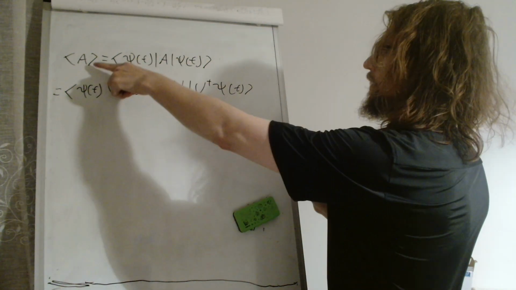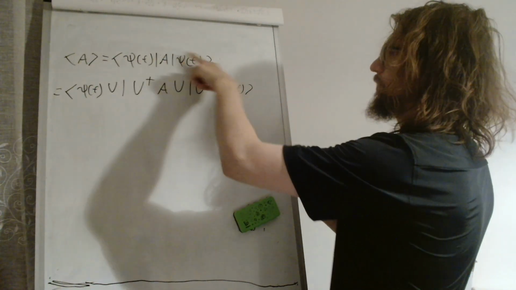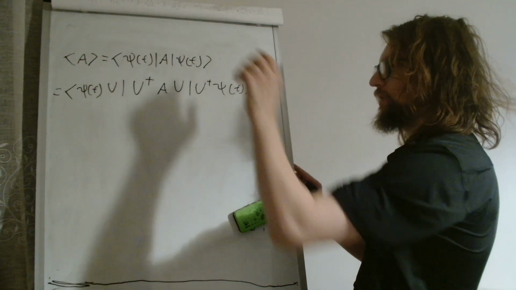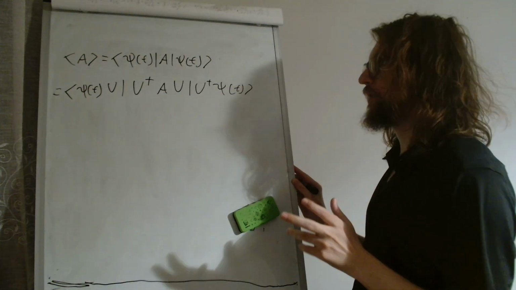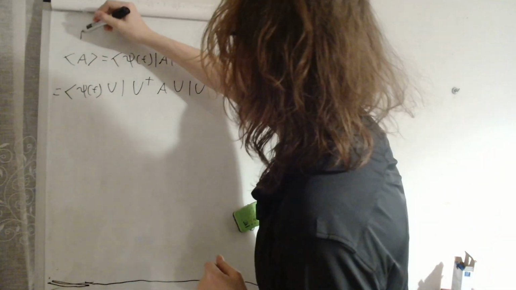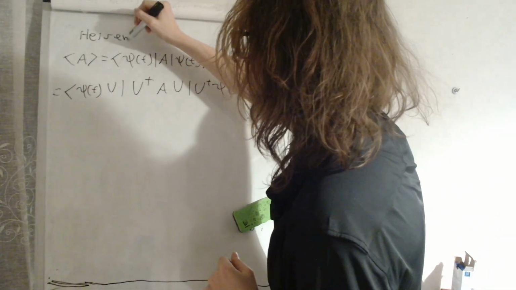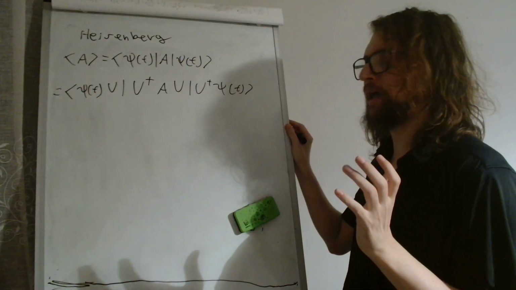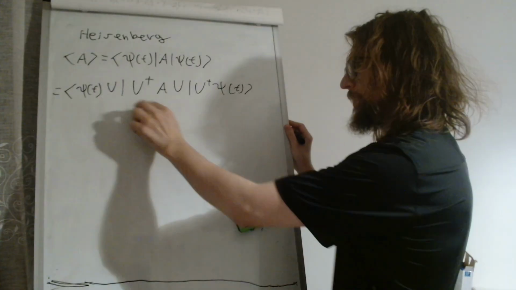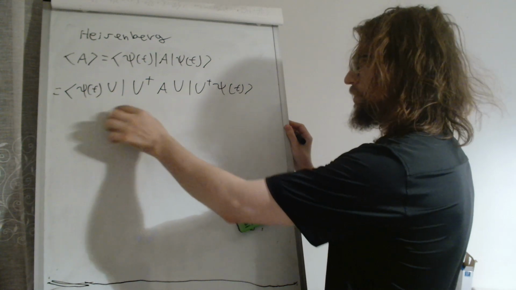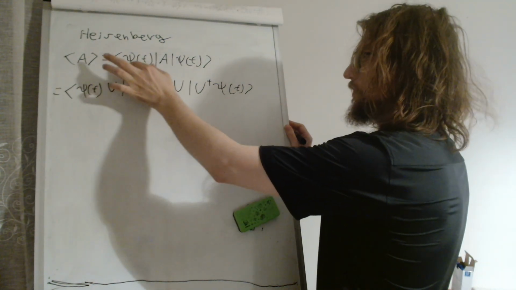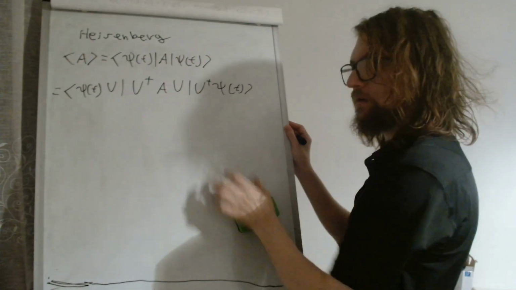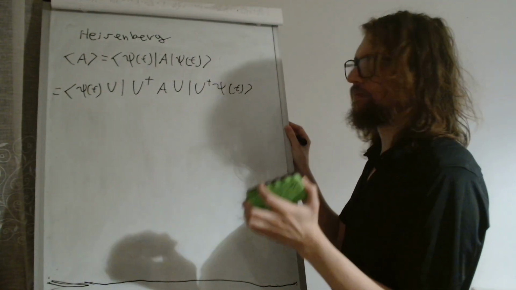So this is the expectation value written in the Schrödinger picture notation, and the second famous picture is the Heisenberg picture. In the Heisenberg picture we have time-independent states, because the matrix u we are going to use, which sends psi of t to psi of t0, will be the evolution matrix.